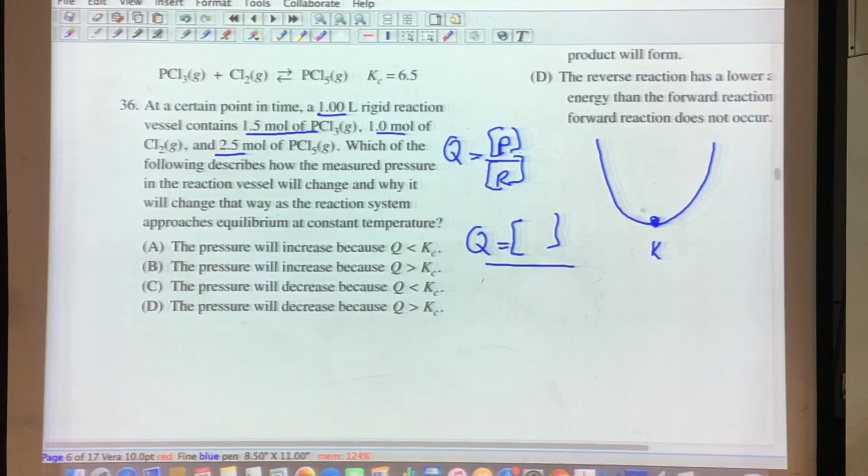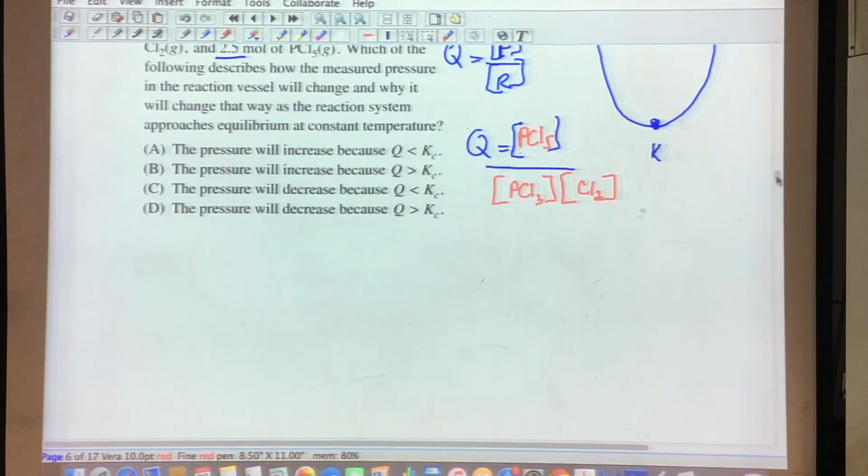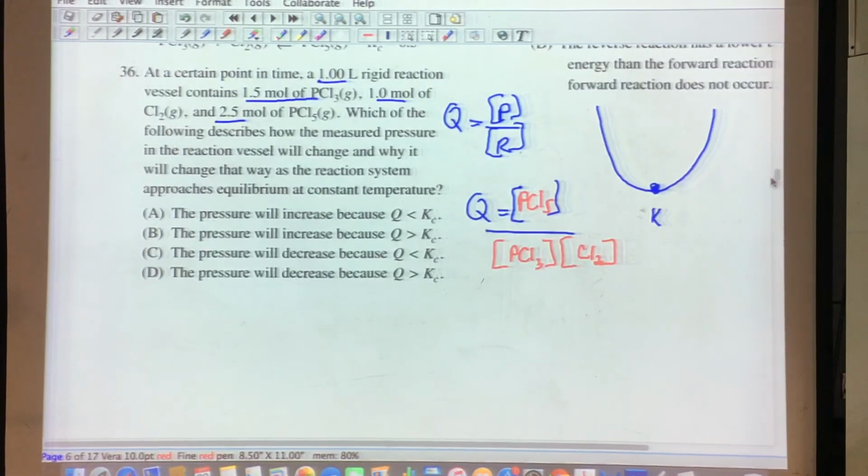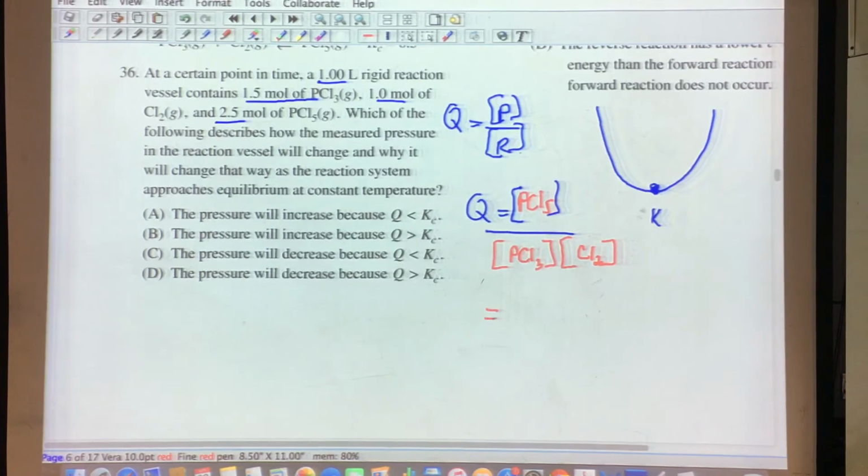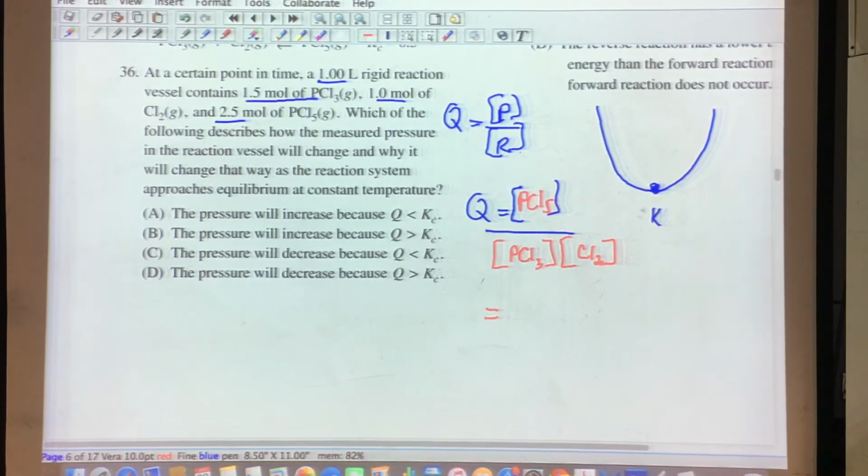Let's just write it out because I'll make mistakes. This is PCl5 over PCl3 times Cl2. Now that I've slowed myself down, let's put the values into my Q. PCl5 is 2.5 molar.